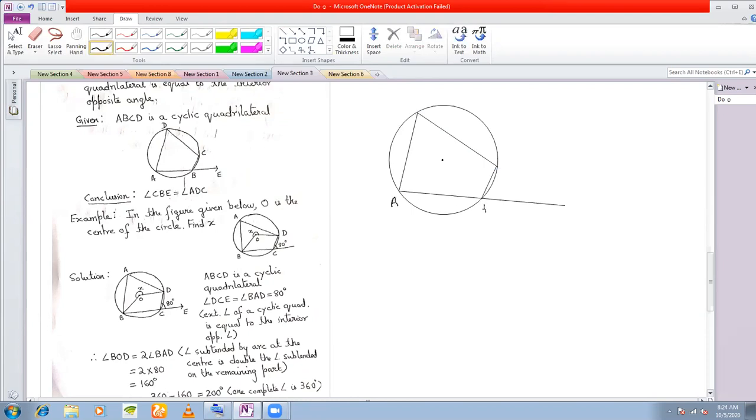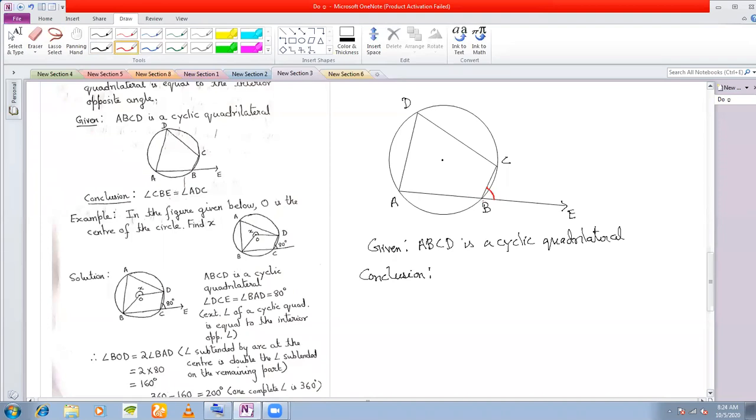ABCD is given to you as a cyclic quadrilateral. So given ABCD is a cyclic quadrilateral, according to this theorem, you can conclude that the exterior angle is equal to its interior opposite angle.